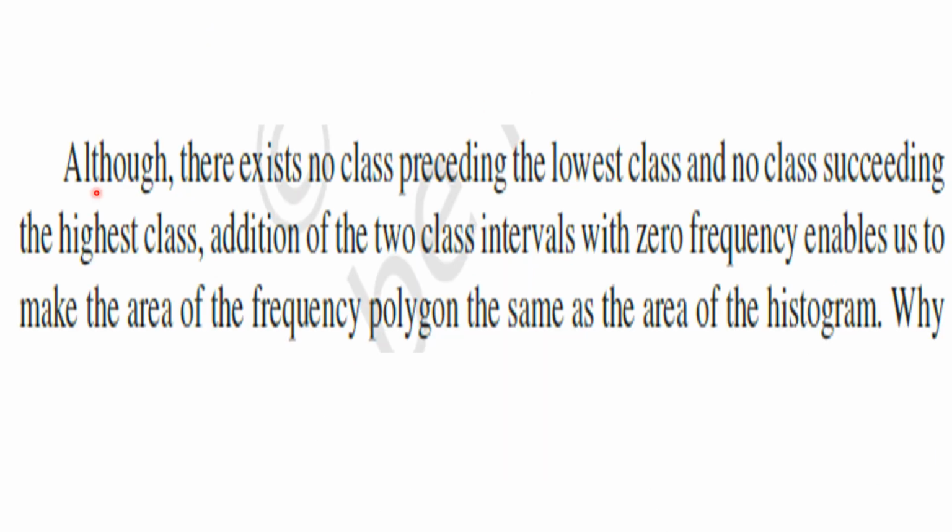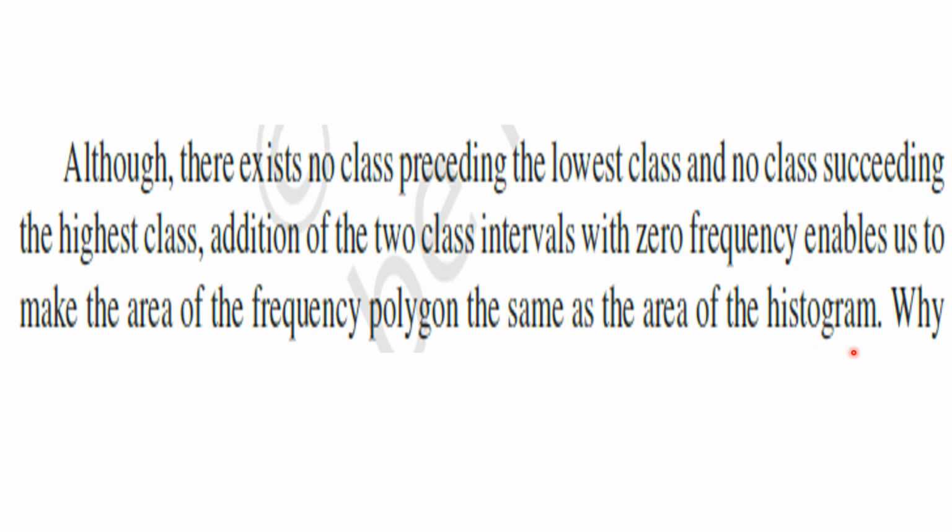Right. Although there exists no class preceding the lowest class and no class succeeding the highest class, the addition of the two class intervals with 0 frequency enables us to make the area of the frequency polygon the same as the area of the histogram.